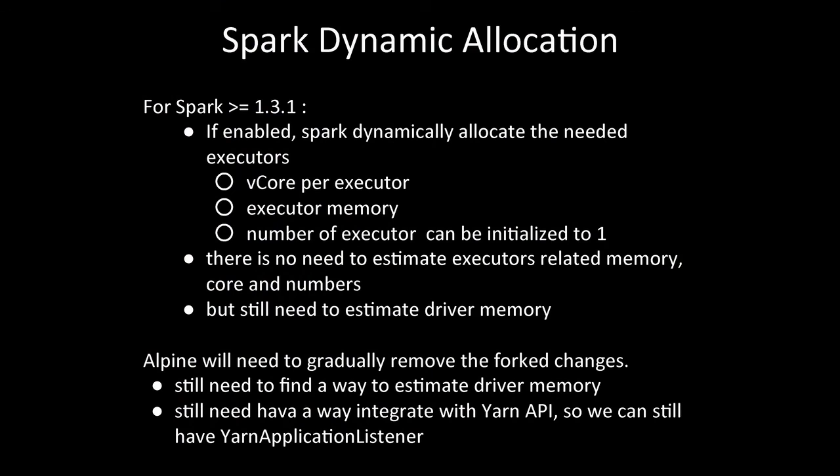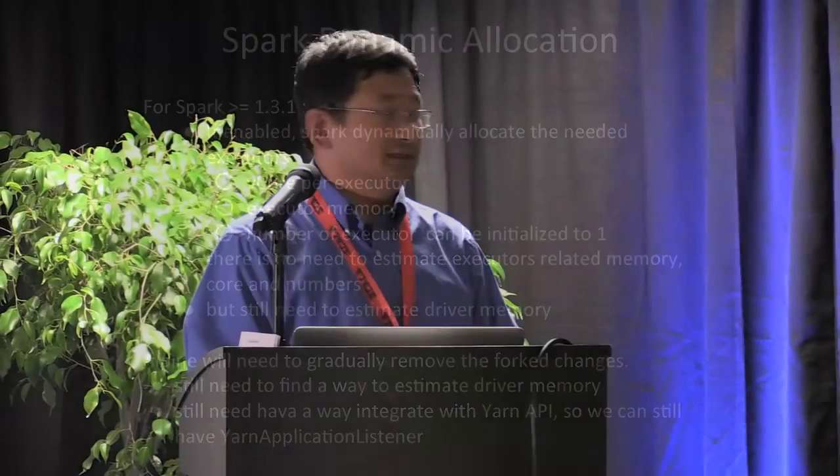But there's a caveat. With recent Spark, especially after 1.3.1, they added Spark dynamic allocation. This allows Spark to dynamically increase or decrease the number of executors, but you still have to specify how much memory and how many cores each executor has.